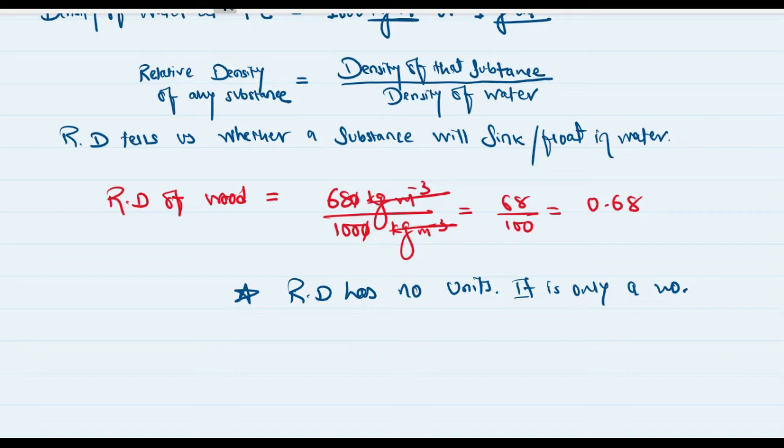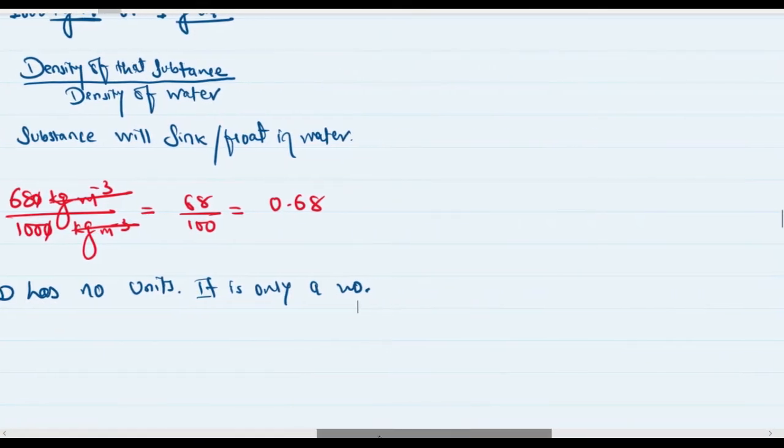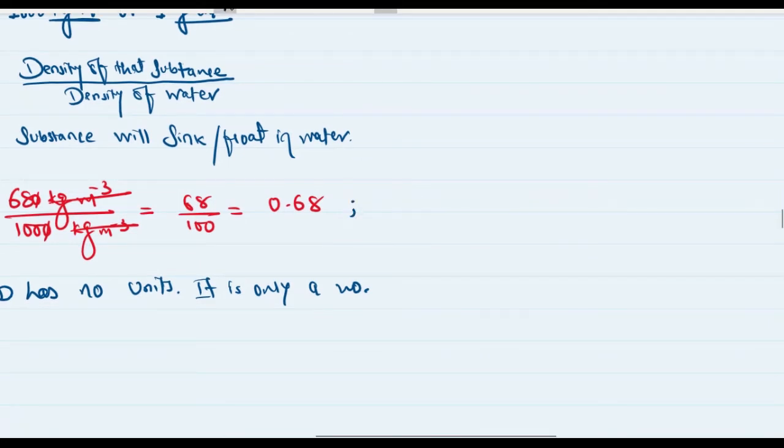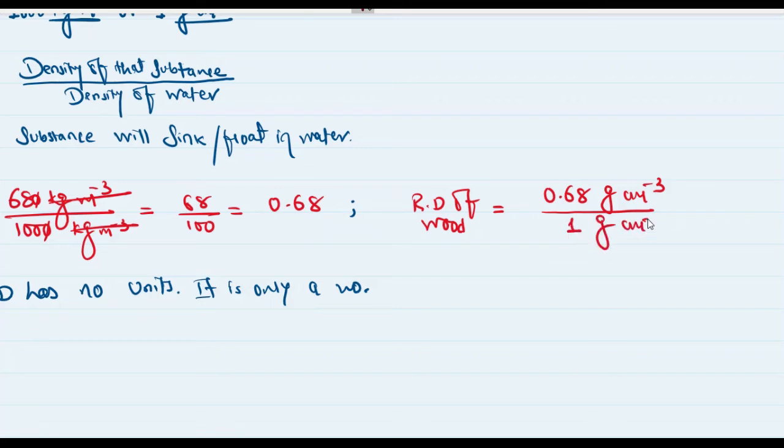Okay, let me also show you how to find relative density when we take the density of wood in gram per centimeter cube. Does not make any difference. So relative density of wood is equal to density of wood, let's now take it in gram per centimeter cube, 0.68 gram per centimeter cube. That's what we saw in the table, upon density of water, but also in gram per centimeter cube, 1 gram per centimeter cube.